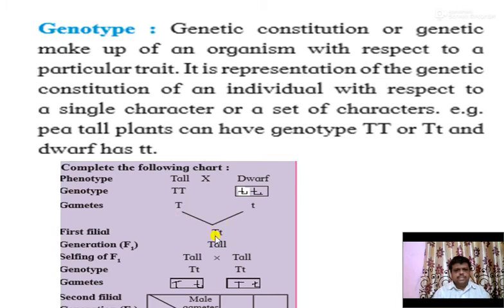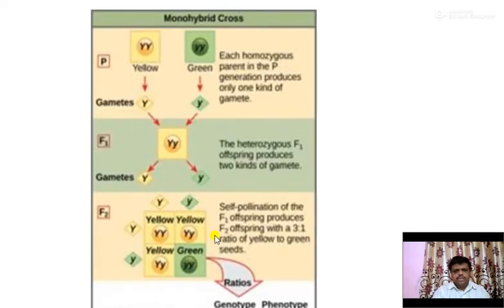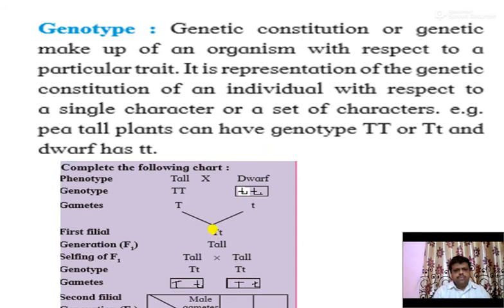Now you can see this allele, dominant T, expresses its trait even in the presence of an alternative allele. So this capital T is dominant over this recessive t.